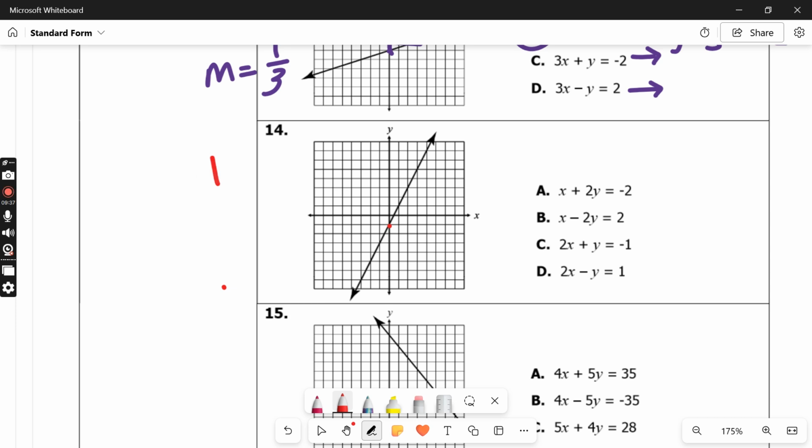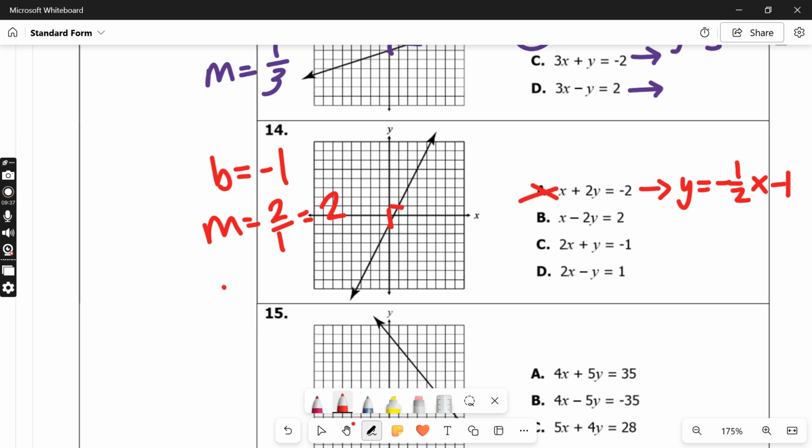Here, it looks like my y-intercept is negative 1. And my slope looks like it goes up 2 over 1, which is 2. Alright, so I'm going to start by converting these. This one would be y equals negative 1/2 x minus 1. So not quite what we're looking for.